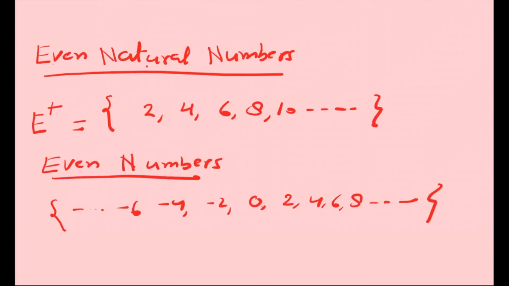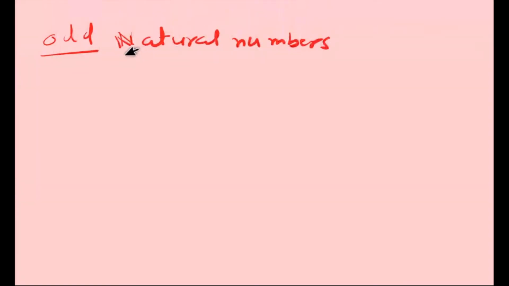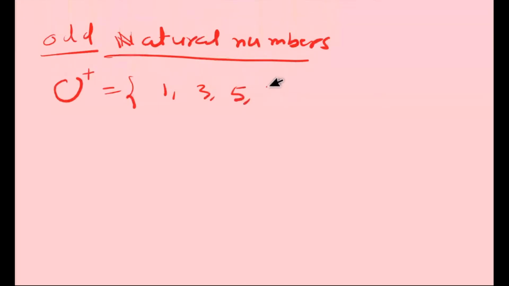Similarly, if we describe odd natural numbers and odd numbers, odd natural numbers can be described by O plus: 1, 3, 5, 7.